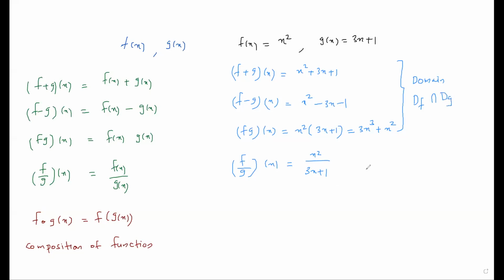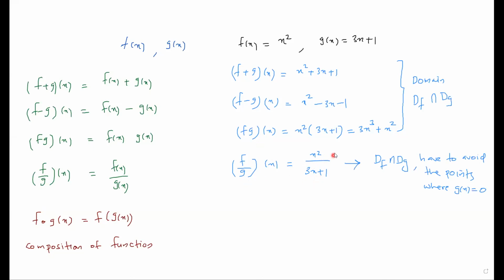The common points of the domains of f and g will come. Here also, domain of f intersection domain of g will come, but we additionally have to avoid the points where g of x is equal to 0, because if g of x is 0, then 0 will come in the denominator.